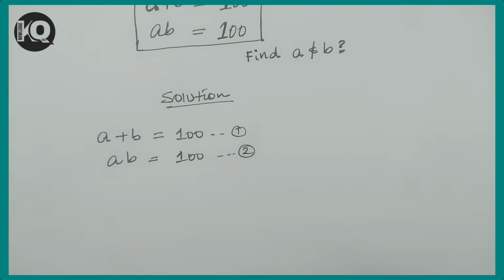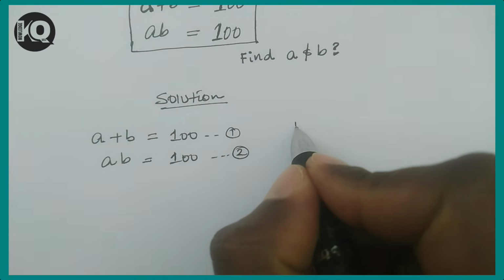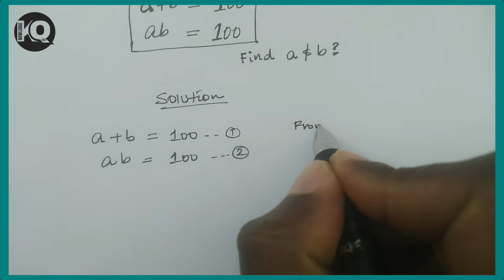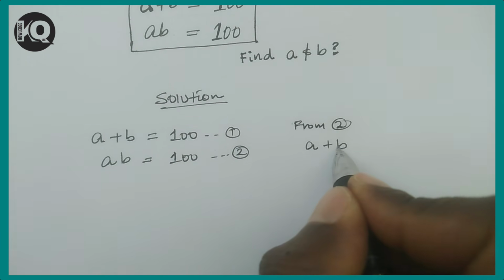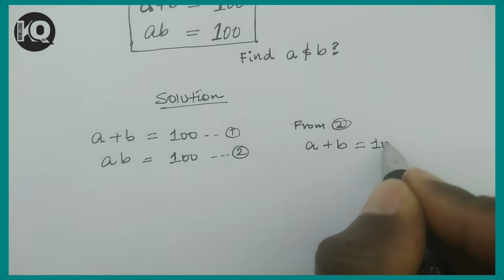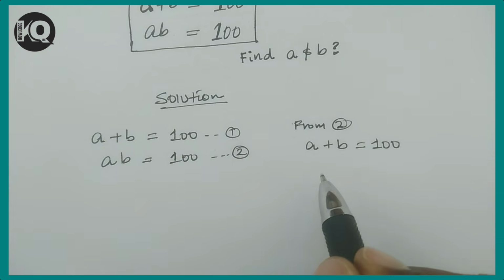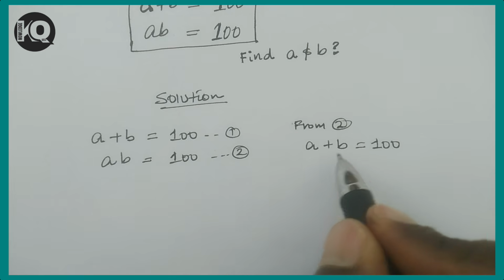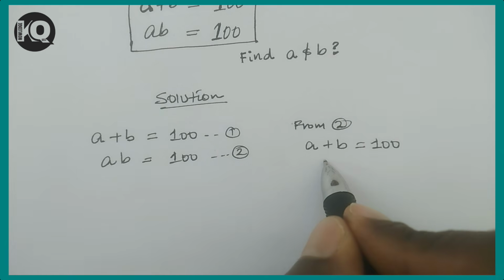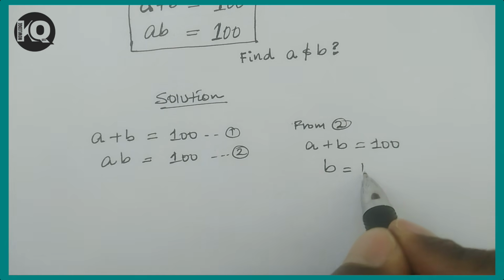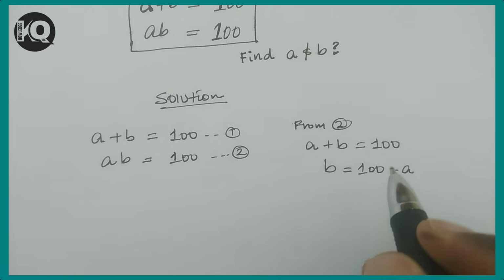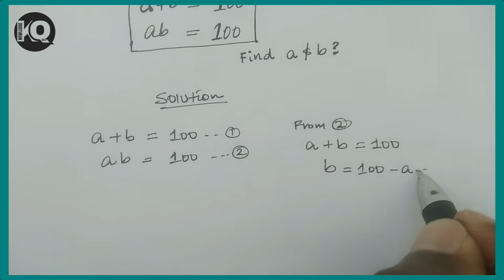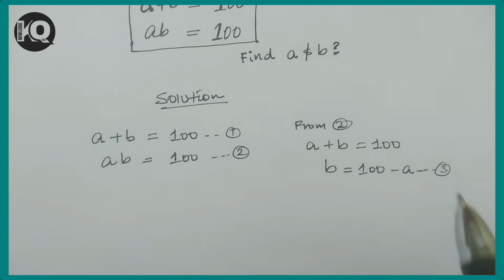From equation 1, we have a plus b equal to 100, so we can find the value of b in terms of a from this equation. So b will be 100 minus a. Let's say this one is equation 3.